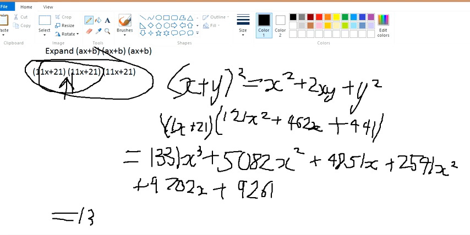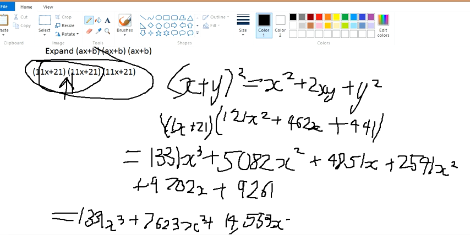Finally, that shall give us 1,331x cubed plus 7,623 x squared plus 14,553x plus 9,261.